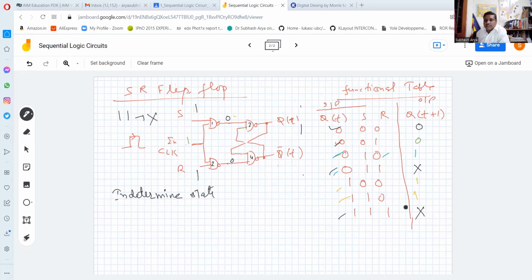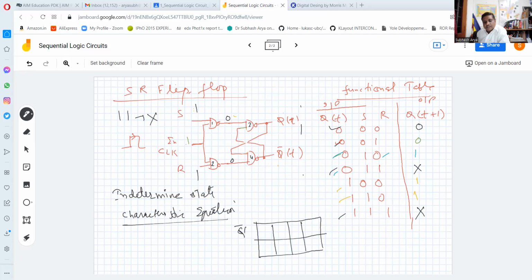With the help of the truth table, we can write the characteristic equation also. Characteristic equation. So let me draw a 3 variable K-map. So here I will write Q bar, Q, here S bar R bar, S bar R, SR, SR bar. So let us fill up the values. Input.